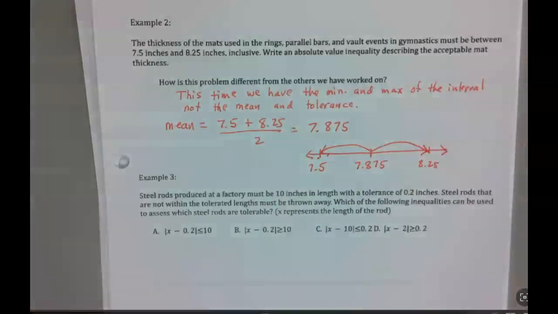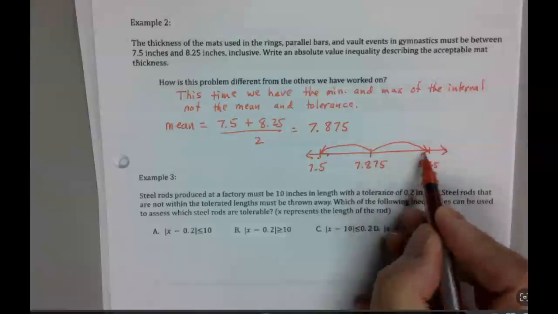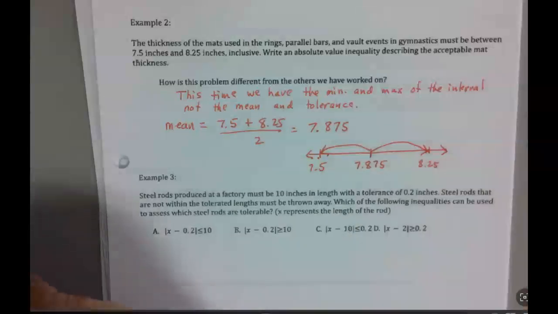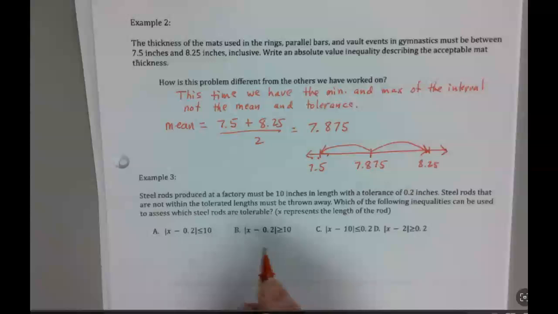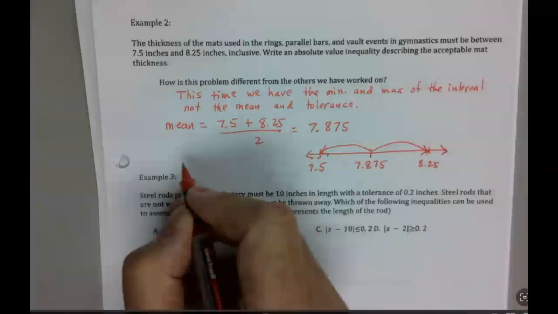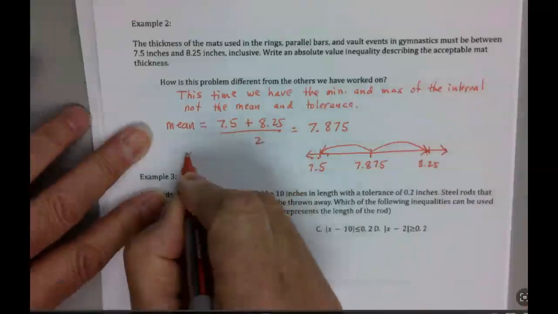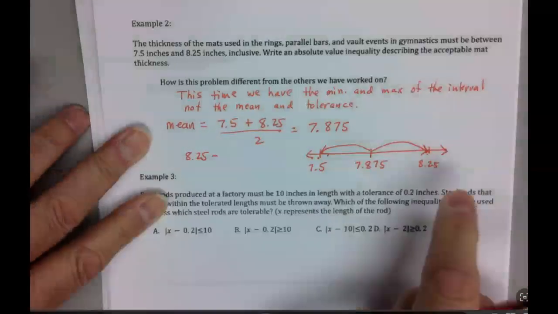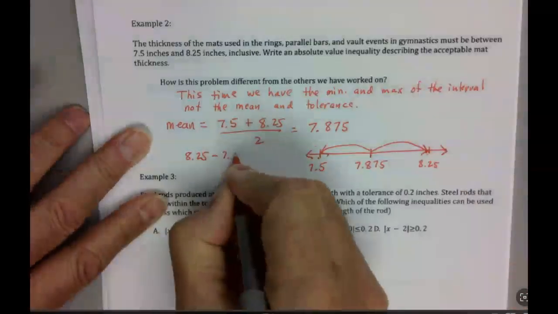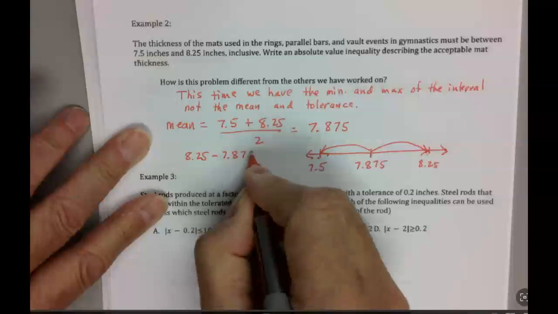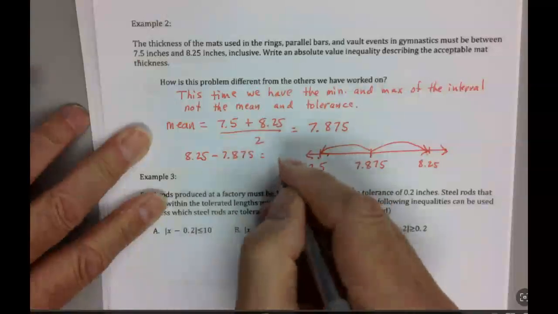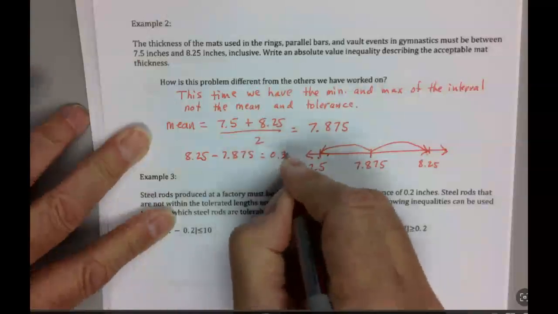So how could I go about finding this length from here to here? Somebody said it, I heard it. Subtract. Agreed? So, if we want to get from here to here, it would be 8.25 minus 7.875, which I got when I did it, 0.375.